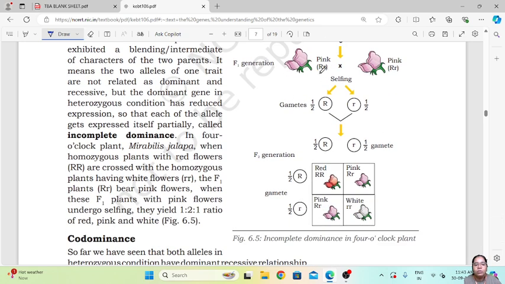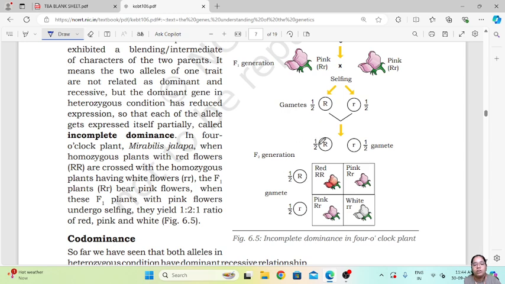When we do selfing of the progenies from the F1 generation, in the Punnett square we can see one will be red, two will be pink and one will be white. Over here we can see incomplete dominance: in the pink flower the red and the white are both equally present, and no gene is expressing fully.